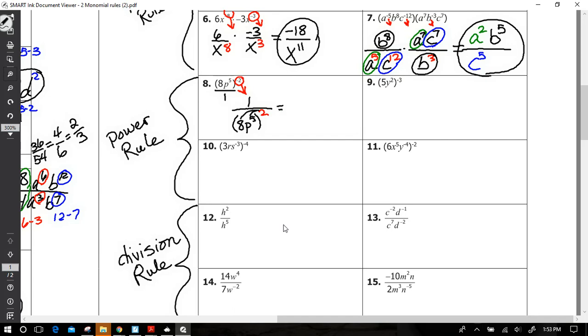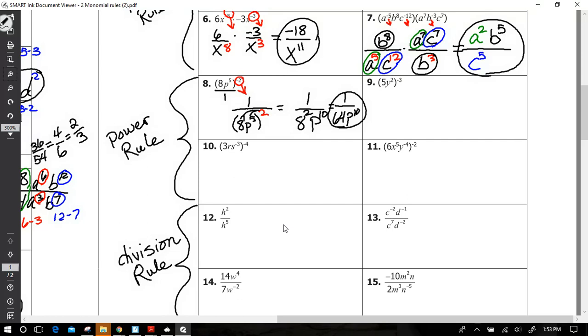Okay, so my bases are 8 and p, and I have a 1 on top. So remember, snobby exponents only talk to other exponents, so 2 times 1 is 2, and p's 5 times 2 is 10. And now I just need to simplify the 8 squared, so it's 1 over 64p to the 10th power.